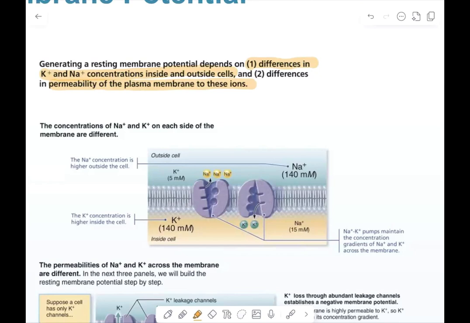So normally the sodium should be about this amount. You don't need to know the amount, and there's a very small amount of potassium. But on the inside, there's a high amount of potassium and a low amount of sodium. This is showing the sodium-potassium pump, and that's what maintains this concentration after action potentials.